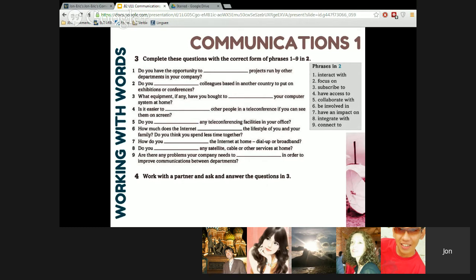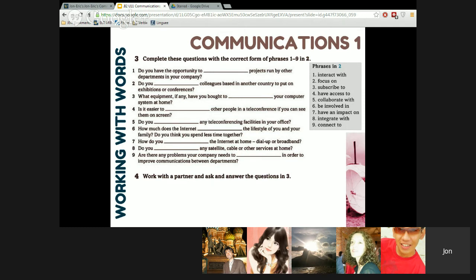Okay, so we're on to Adi for the last one, number 9. Then we have to go back to the first one as well. Are there any problems your company needs to blank in order to improve communication between departments?